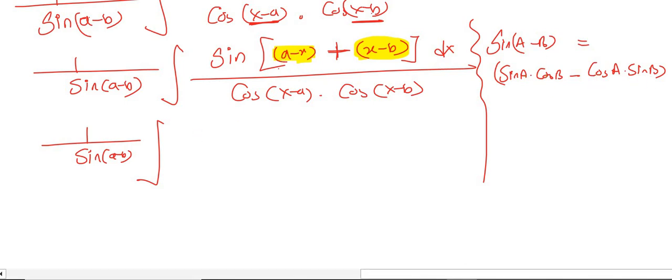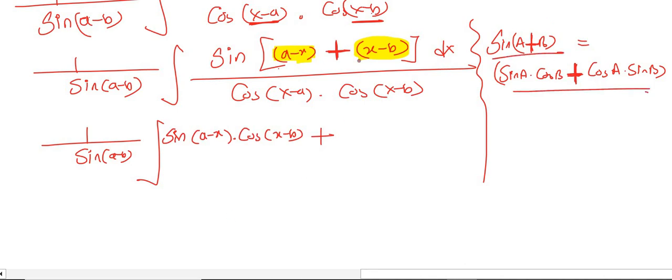Okay, so let me apply it here. Assuming this is A and this is B. So sin A minus x cos x minus B plus, since it is plus in between, if it is minus then minus comes here in the formula, but if it is plus then plus comes. Please write down this formula that you are supposed to know.